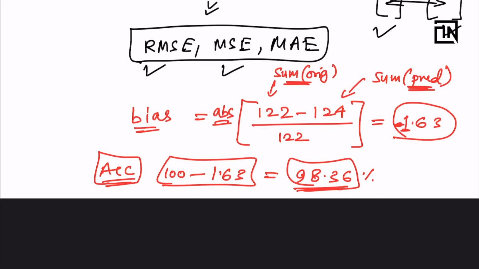So if they are 1.63% far away, how accurate is my model? 98.36%. So this is also known as bias, and it is also utilized in some scenarios, although it has its own demerit, because in some cases it will simply add up the problems, and the overall impression would be of a highly accurate model.